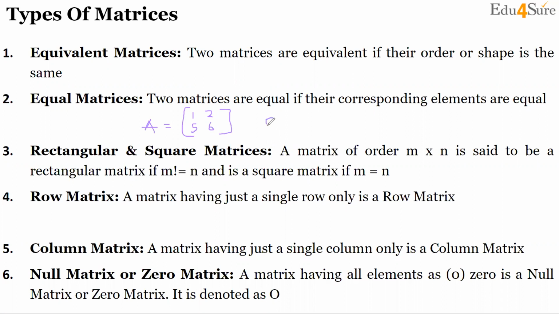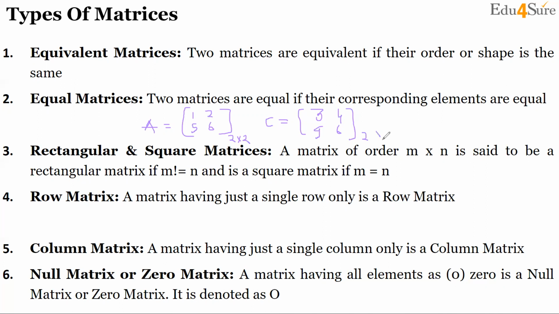Similarly, you have one more matrix whose name is C, and it is also of order 2 cross 2, and it has elements, suppose 3, 4, 9, and 6, enclosed in brackets.